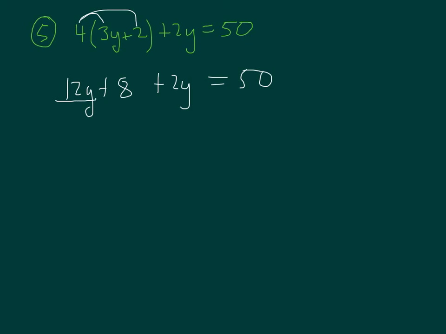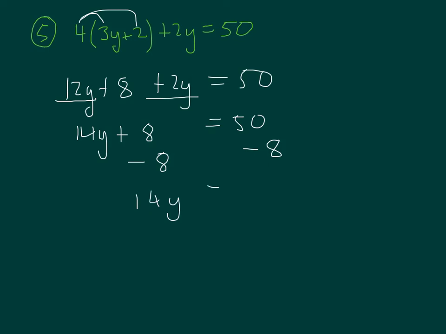I've got 12y and plus 2y, they're like terms. So I've got 14y plus 8 equals 50. So minus 8 from both sides. So I've got 14y equals 42. Divide both sides by 14. So y equals 42 divided by 14, which is 3.